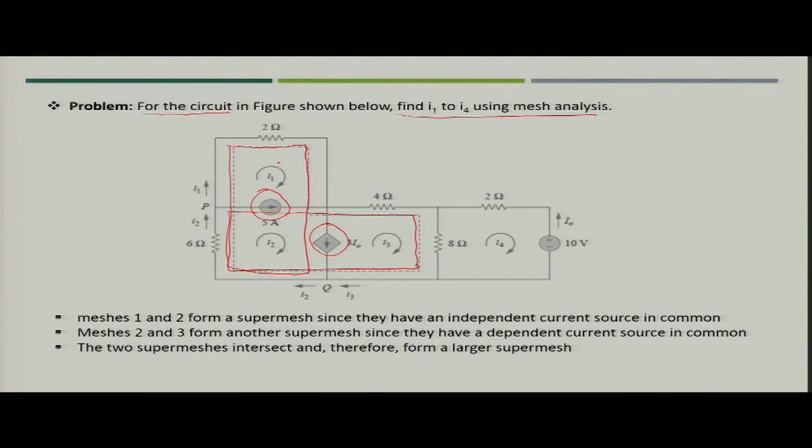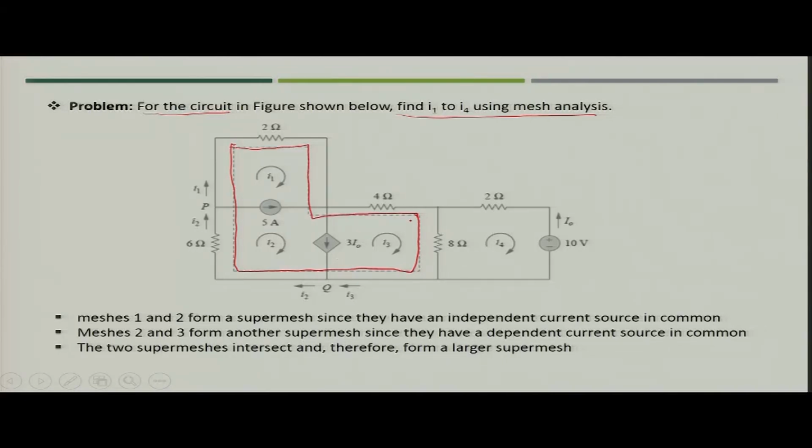Now, the problem is that these two meshes are crossing each other. As we discussed, if you have a scenario where two meshes are crossing each other, we have to merge both of them and create a larger super mesh. So in that case, you will get another super mesh, which is the union of both of the super meshes, and you will call it the larger super mesh.